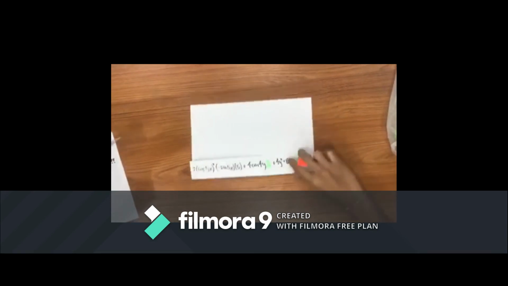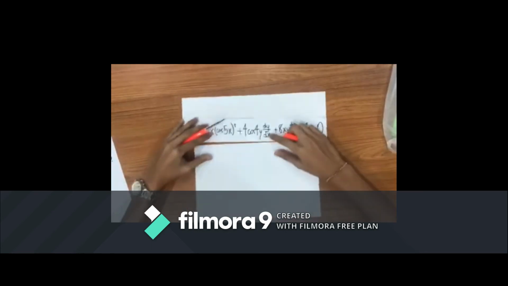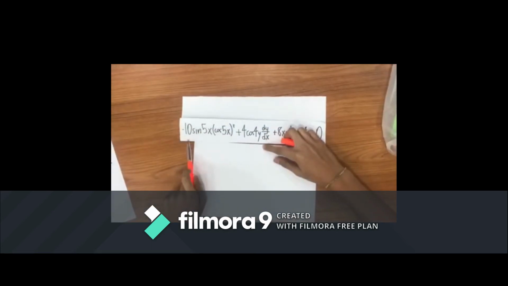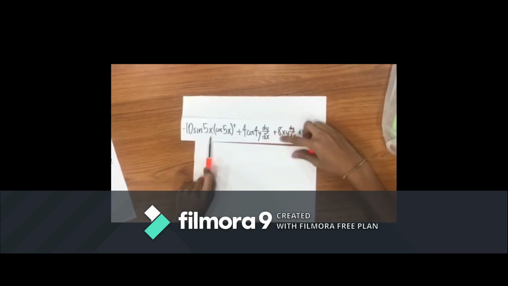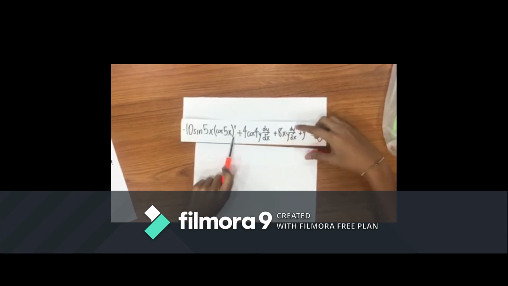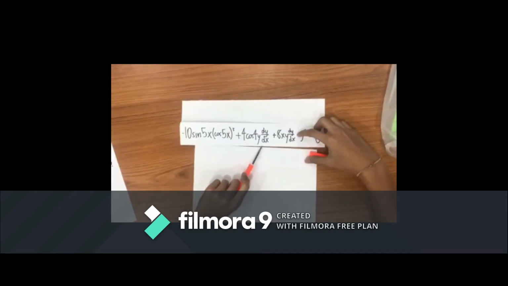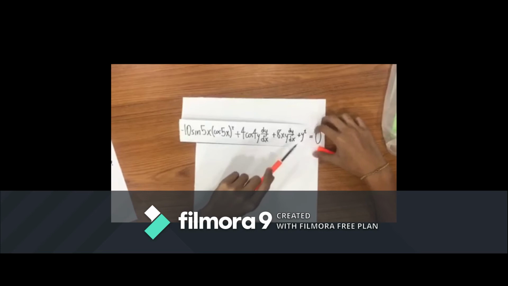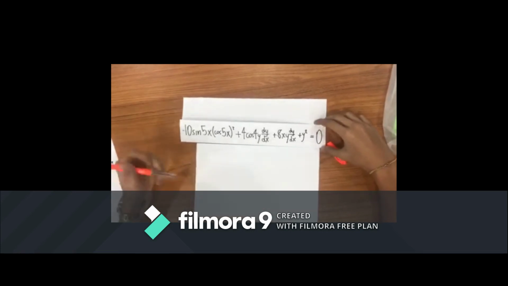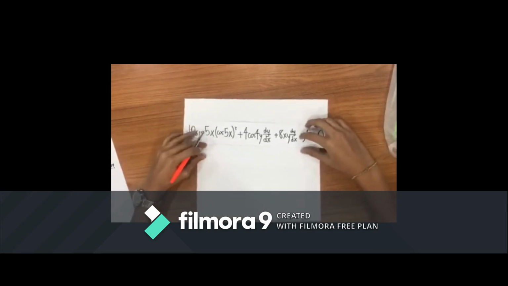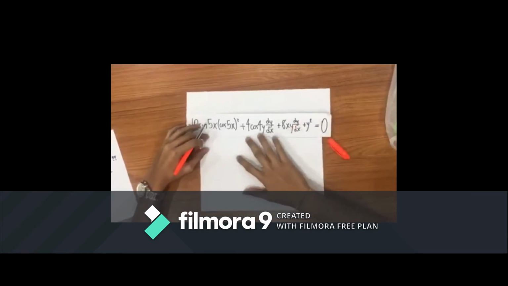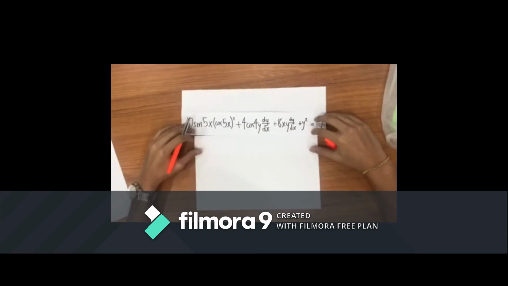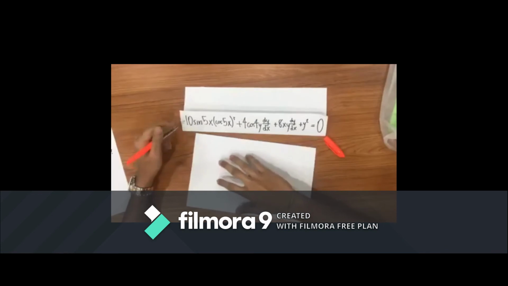After simplification, the result is negative 10 sine 5x cosine 5x cubed plus 4 cos 4y dy over dx plus 8xy dy over dx plus y squared equals 0. After simplification, we need to separate the dy over dx from the other terms.